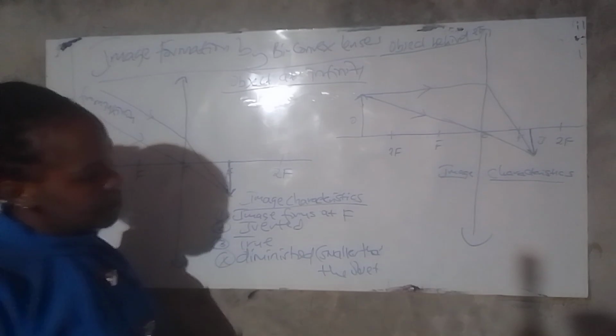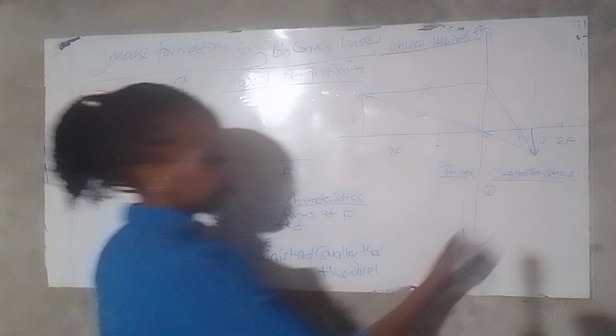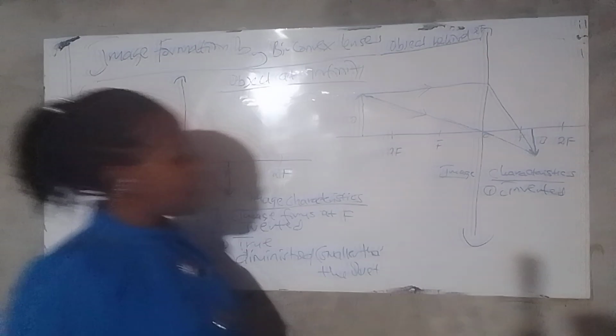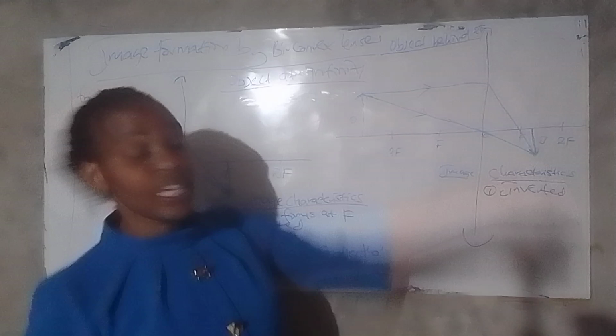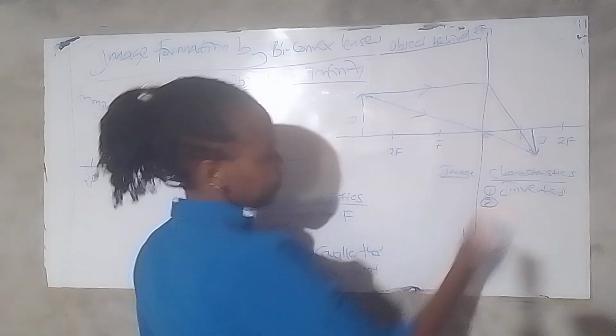One, it is inverted. As you can see, our object is upright, but the image is inverted. Okay. Two, it is true.